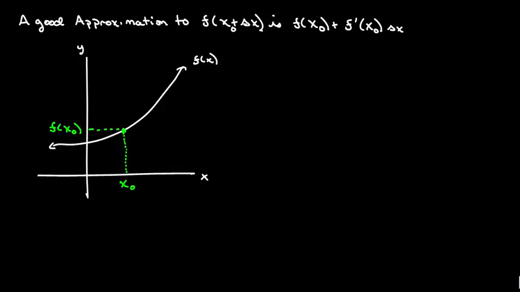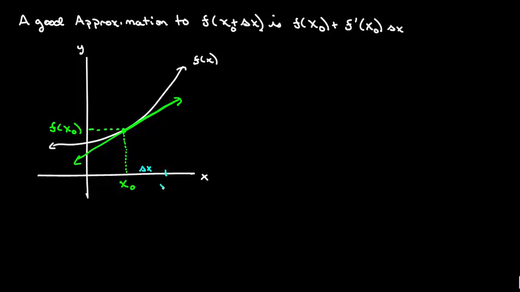Now let me go ahead and draw in a tangent line here. I'll do it in green still. So let's just eyeball in the tangent line like that. And now let's say we take another point over here. I don't know where this point is. Let's just say that it's over some distance delta x.